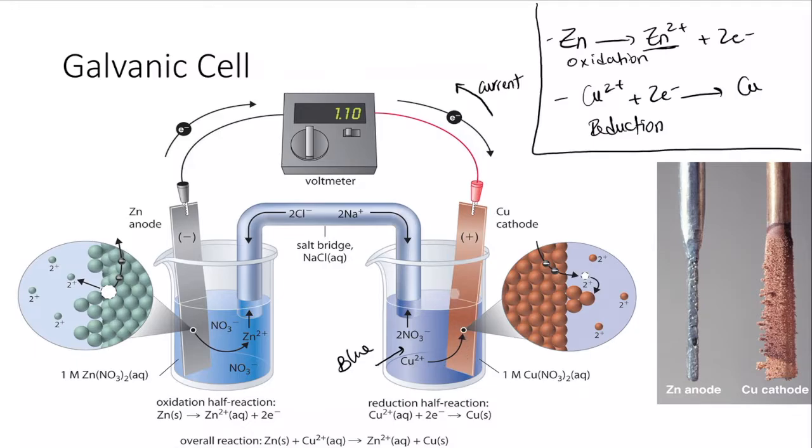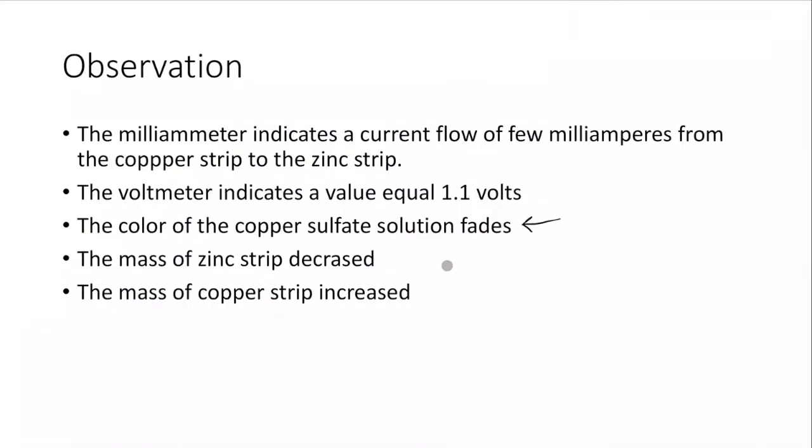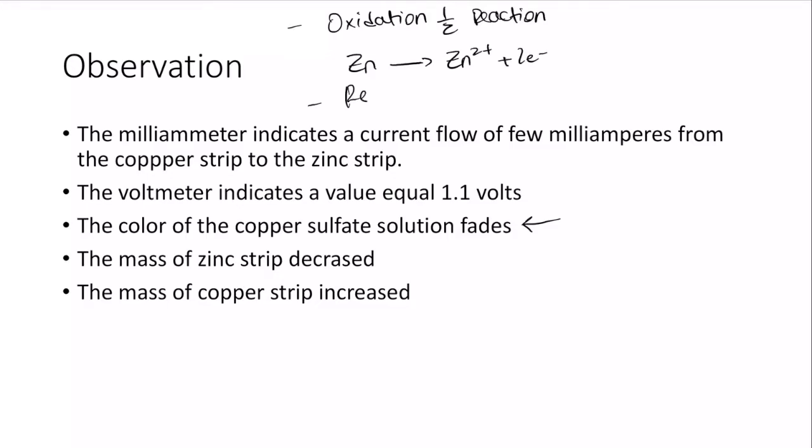Okay, so again we'll try to explain what's going on. We have an oxidation half reaction. Who is undergoing oxidation? It's Zn. Zn is undergoing oxidation. It becomes Zn2+ plus 2 electrons. Now we have a reduction half reaction as well.